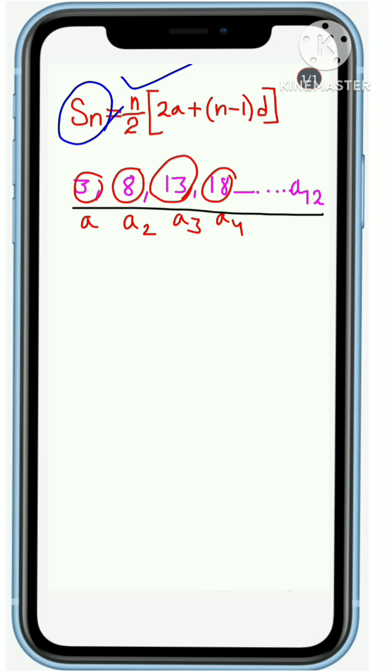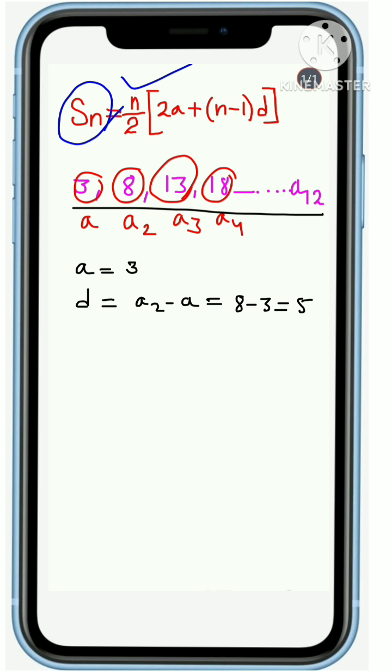For that, firstly we should know in this AP A, that is the first term, is 3. Similarly, D, that is the common difference, will be A2 minus A. We obtain A2 is 8 minus A is 3, then D or the common difference is 5.